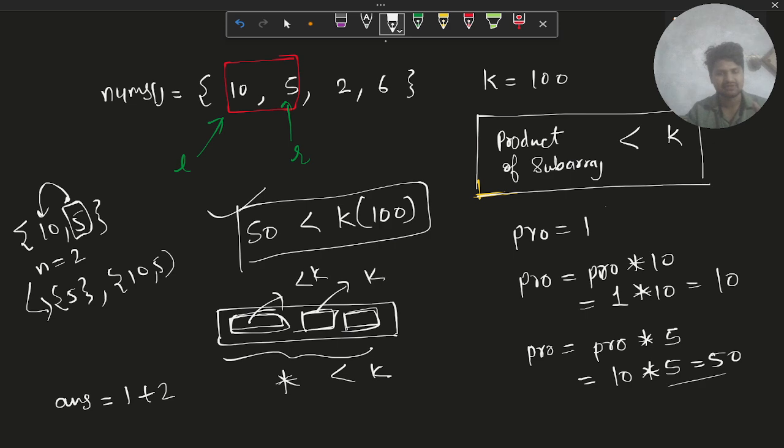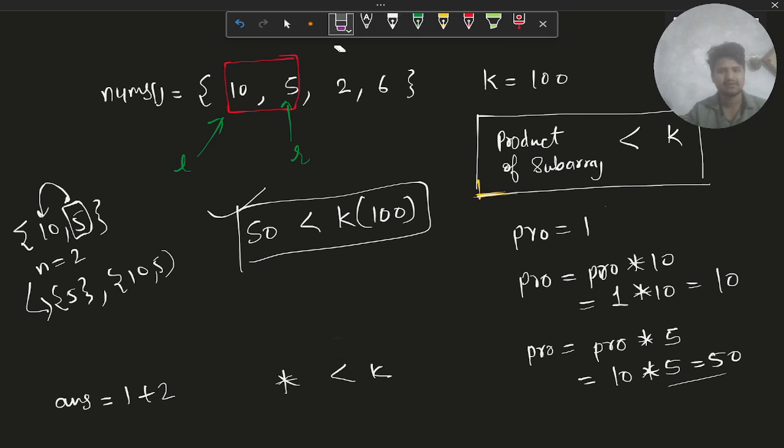That's why we are counting these as well. I hope this makes sense. If not, then be with me, you will understand eventually.